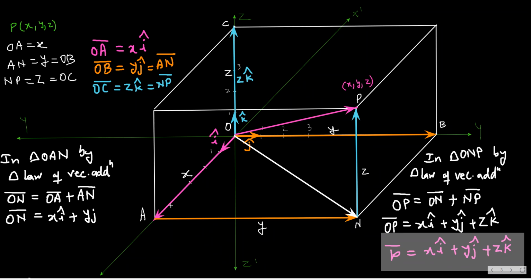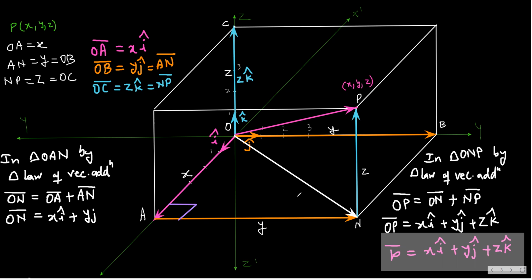The triangle OAN is a right angle triangle, remember, because this angle here is a right angle. When you reach point A, from there you move in the direction of the positive y-axis. Now you know the x and y axes are perpendicular to each other. So this angle is 90 degrees here.